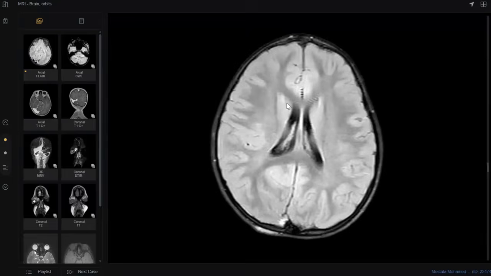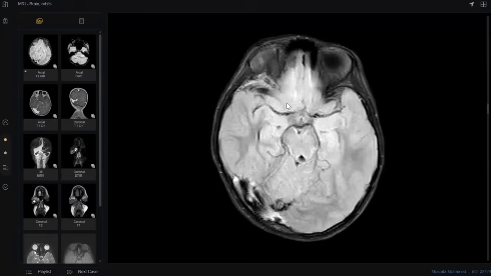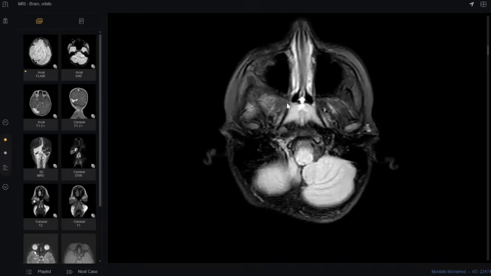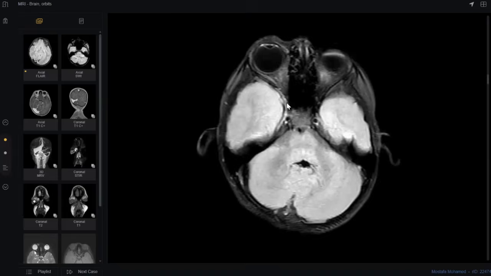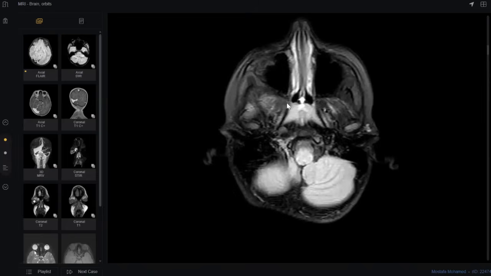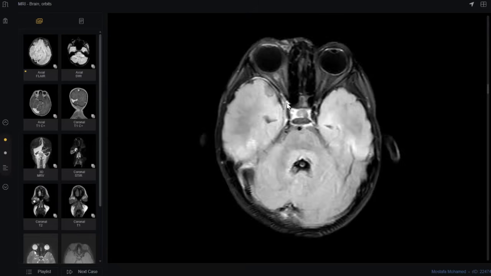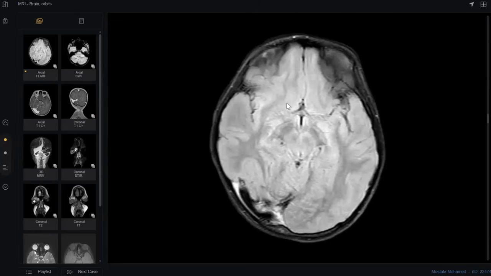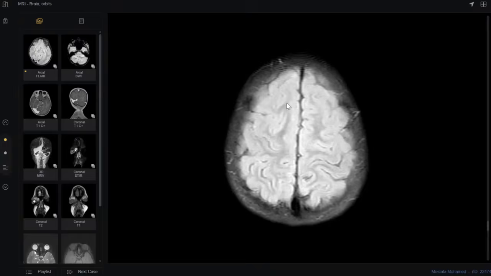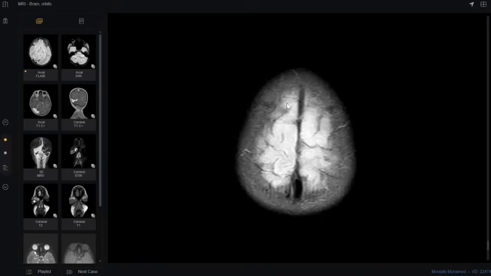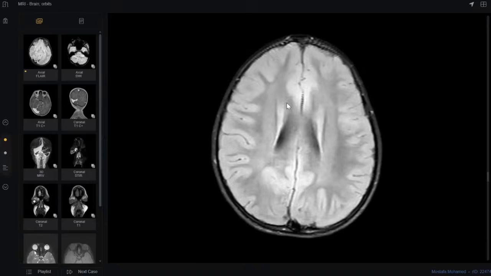I'm provided with MRI brain. This is the FLAIR sequence. I can see the normal fluid in the venous sinuses. Who is presenting? Headache.